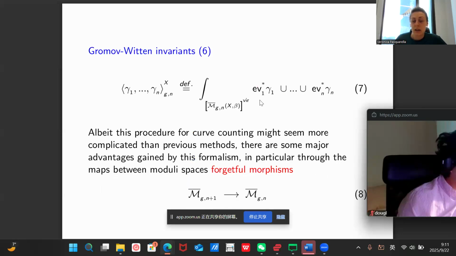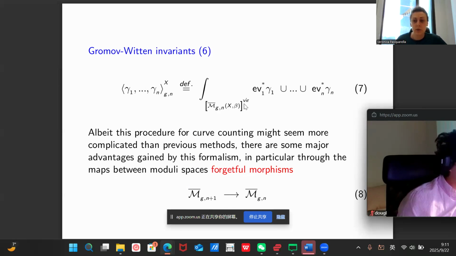And this is going to be the integrand of a quantity, which are some correlation functions that are so-called Gromov-Witten invariants. So the Gromov-Witten invariants need as input some cohomology classes, and they have to be integrated over a virtual fundamental class, which is this that I define here.